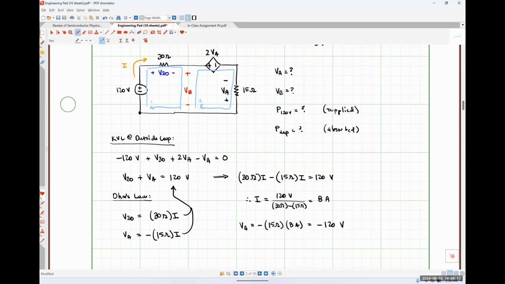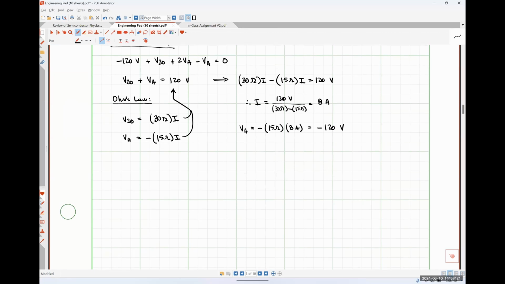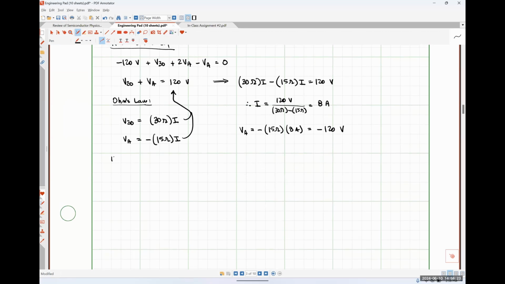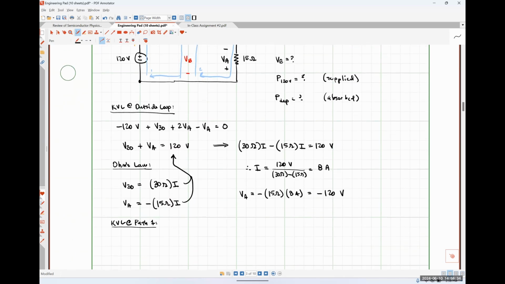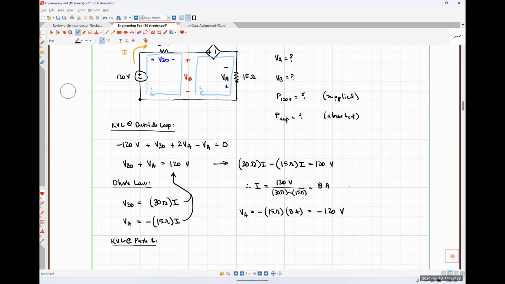Path 1, okay? So let's come down here. KVL around path 1. So the first thing that I see is the 120 volt source, and I see the negative polarity terminal first.